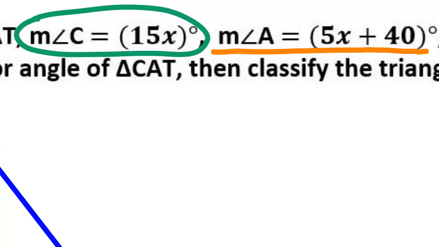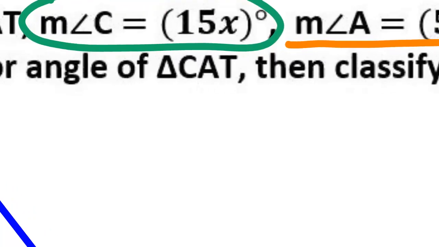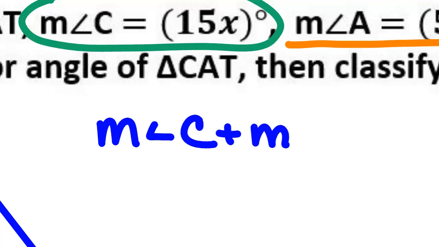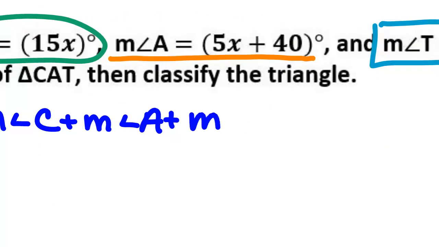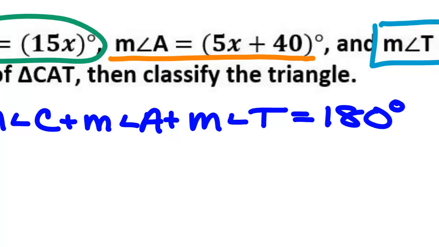They add up to 180, yes. So the measure of angle C plus the measure of angle A plus the measure of angle T is equal to 180 degrees.